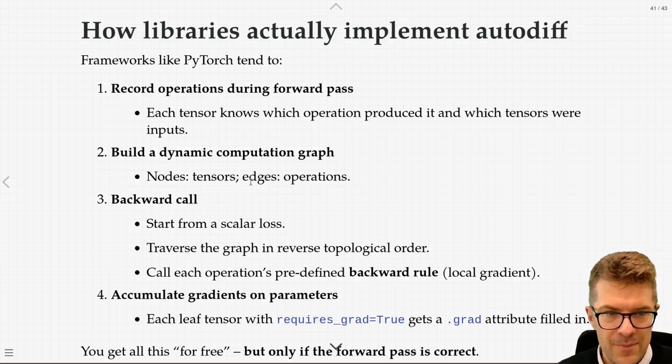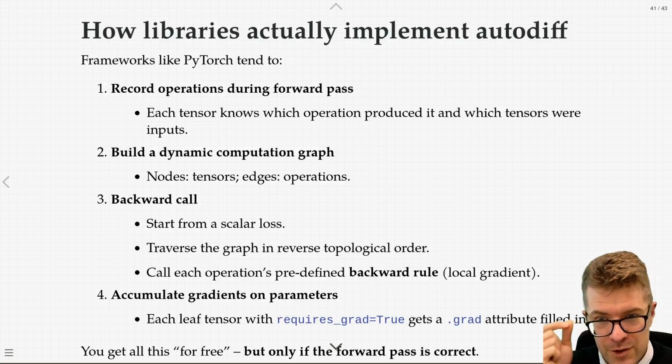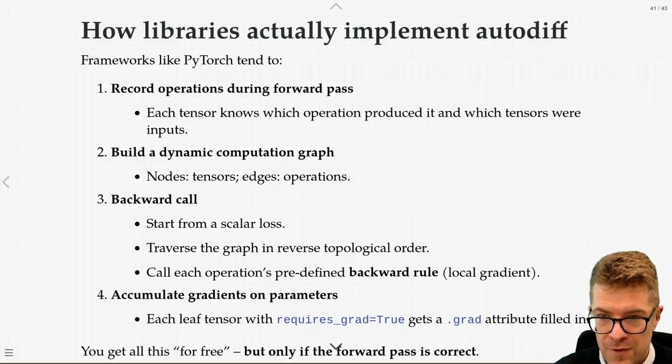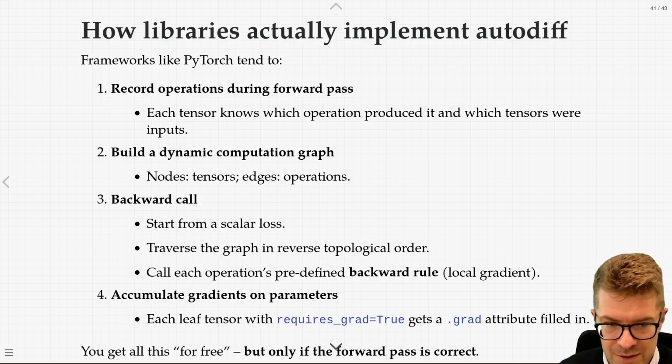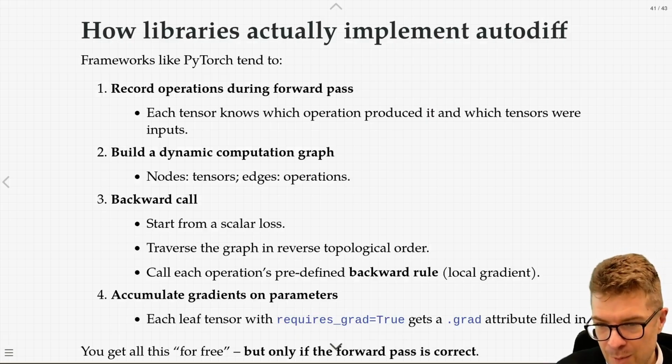There are the partially computed values stored at the nodes. During a backwards call, there is a loss that's been computed using a function that we provide. We have the graph structure, so we can traverse the graph in reverse topological order and accumulate all of the gradients using backwards rules, and then apply them to our updates, to our weight matrices and our biases like we saw in the manual implementation.